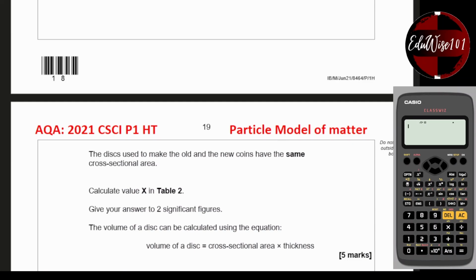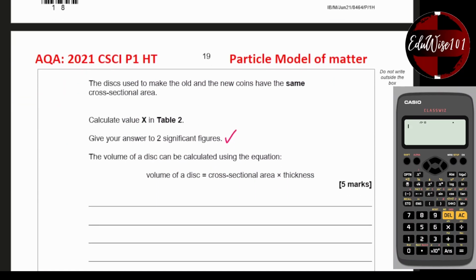Calculate value X in table 2. Give your answer to two significant figures, which should carry a mark. The volume of a disk can be calculated using the equation. So they are giving you the equation to calculate the volume of a disk, which is the cross-sectional area multiplied by the thickness.